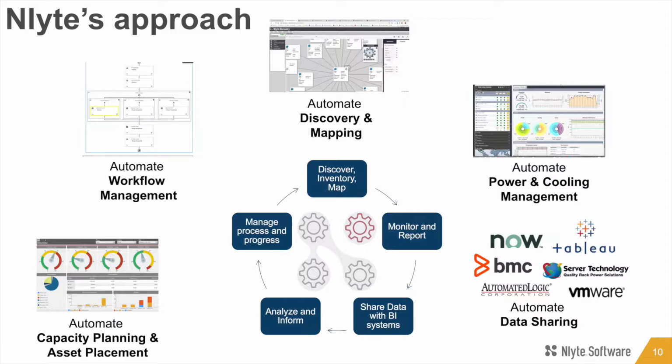Being able to synchronize with these types of systems so that they have accurate information and the information within those systems is accurate within Nlyte, the information that's being shared. So again, automating this so that all the systems are accurate and everyone knows exactly what is happening within the data center and that information is 100% accurate and up to date.